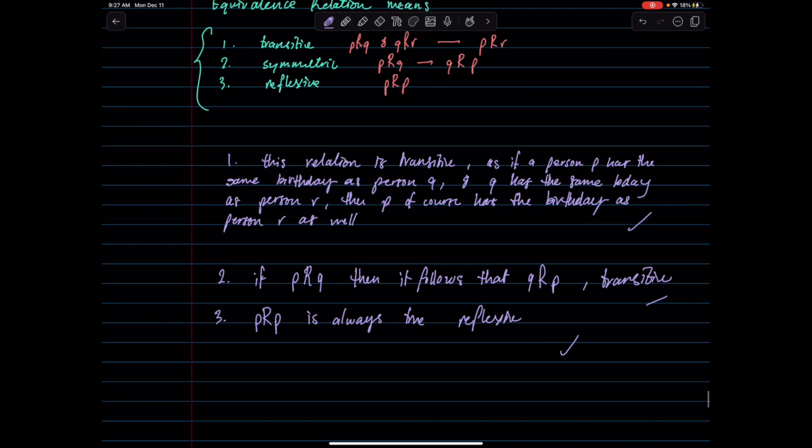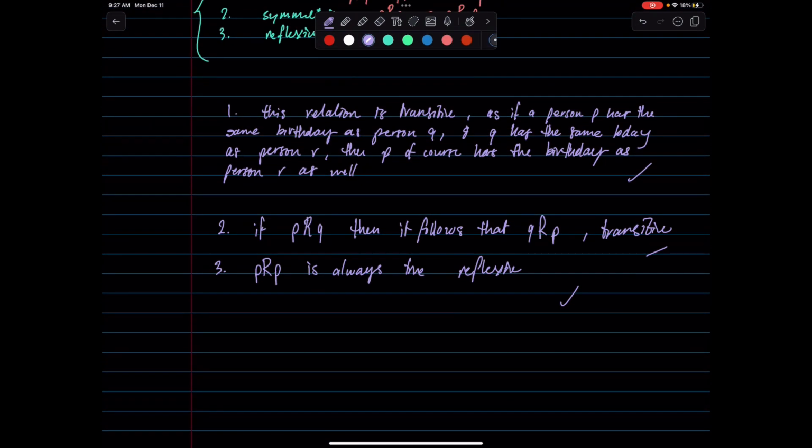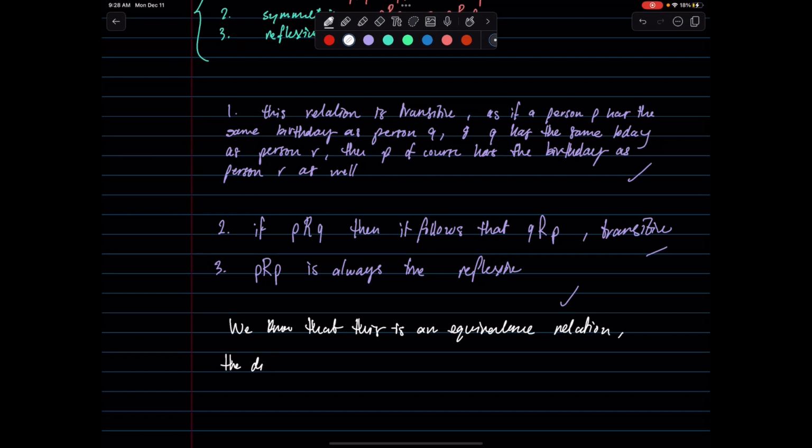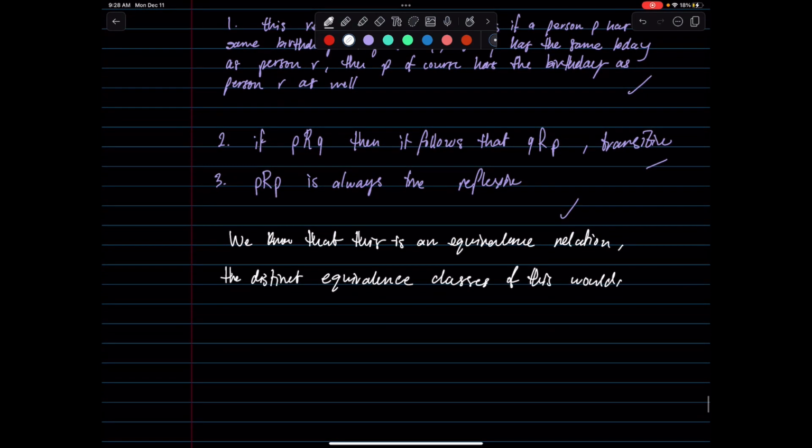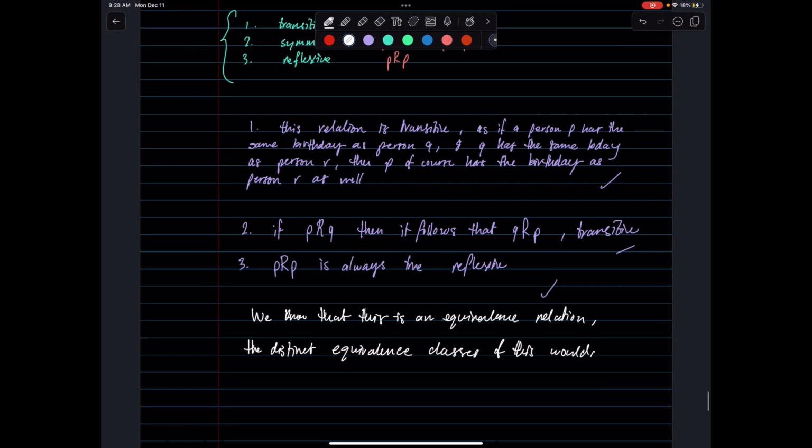Right, so we know that now it is an equivalence relation. We know that for this relation, the distinct equivalence classes would be each day, basically, right? So this is the set of birthdays.